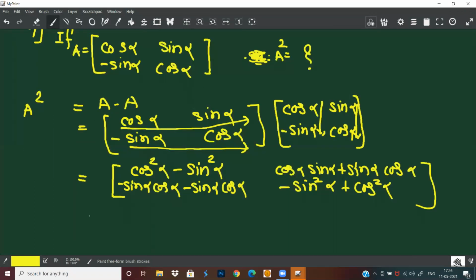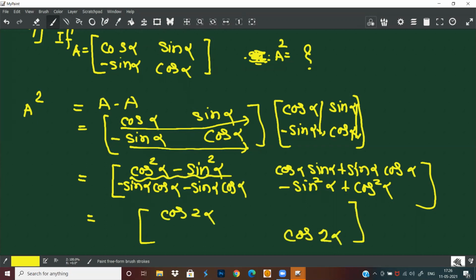Now you know cos square आधा minus sin square आधा, ये है cos of double the angle, it is cos 2 alpha यहाँ पे and यहाँ पे. And 2, ये देखो same terms है, so 2 sin alpha cos alpha, this is sin 2 alpha, and यहाँ same thing with minus sign. This is your A square.